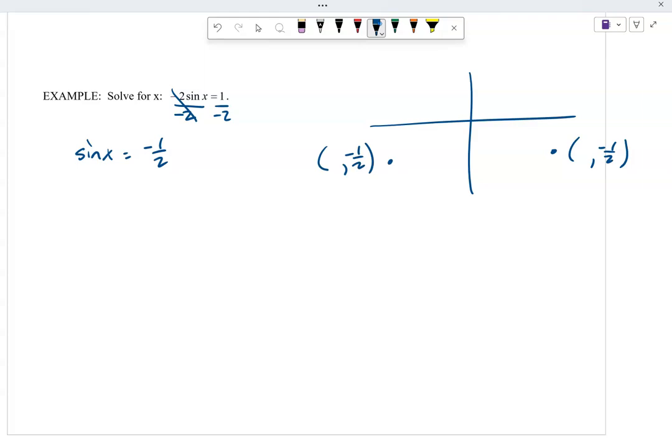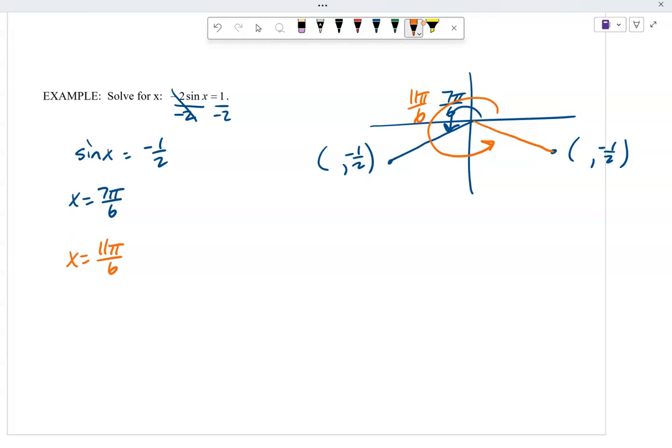All right, let's go to this first one. We know the sine of 7 pi 6 is negative a half. And we also know that the sine of 11 pi sixths, or 330 degrees, is also negative a half, right?